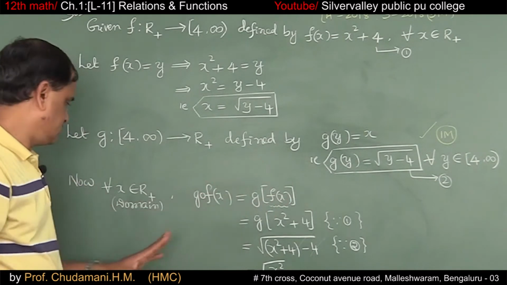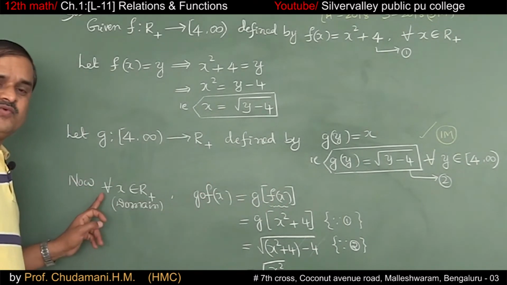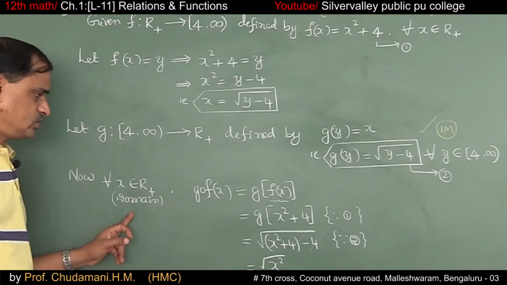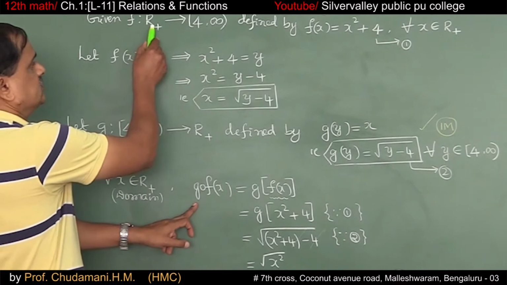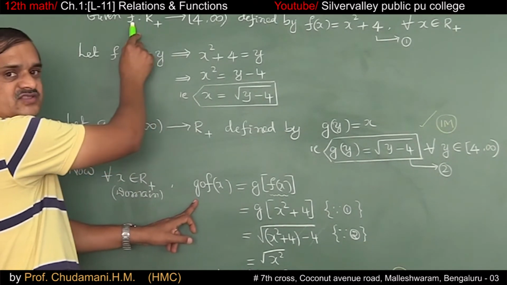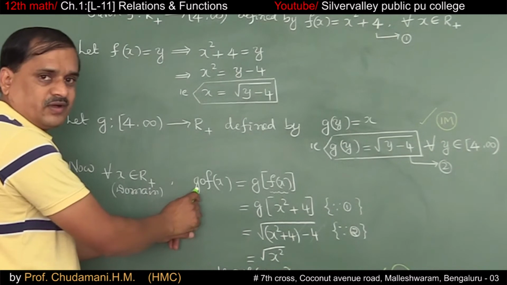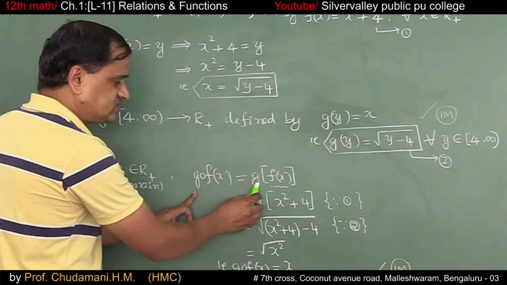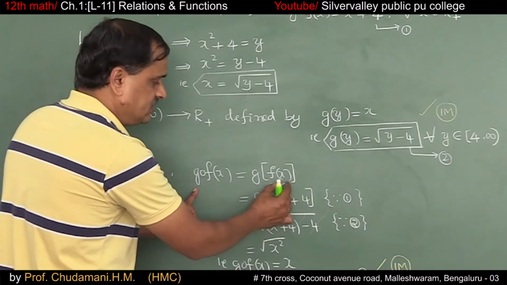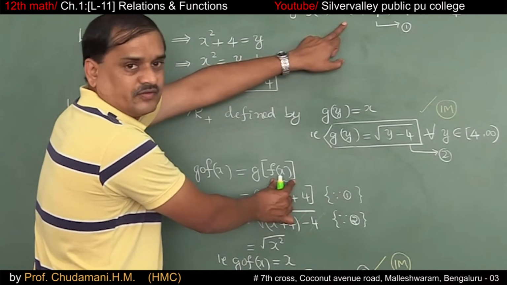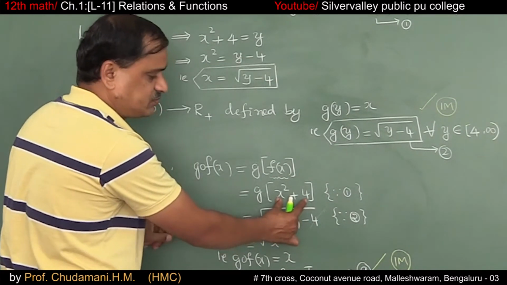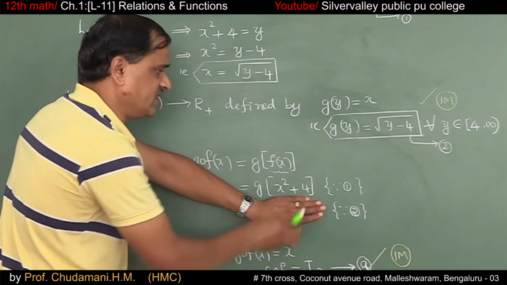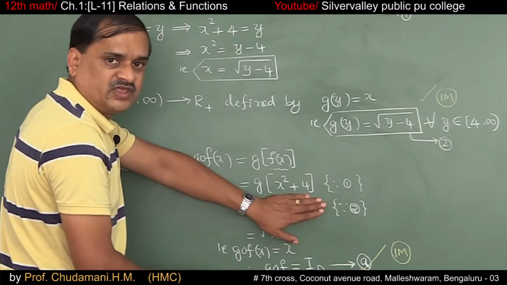That's why I have written it on the board. Now for all x belonging to R plus, the positive real numbers, that is the domain, you need to operate the function f first. g o f of x, where x belongs to the domain, can be written as g of f of x. Observe f of x: f of x is nothing but x square plus 4, by using equation 1. This is of the form g of y, and g of y means root of y minus 4.